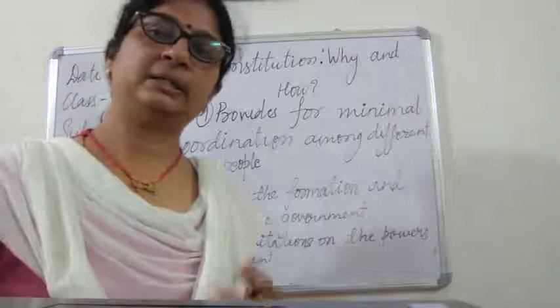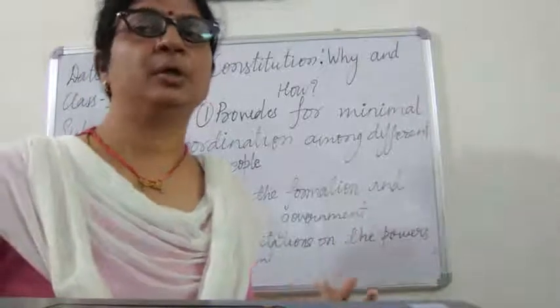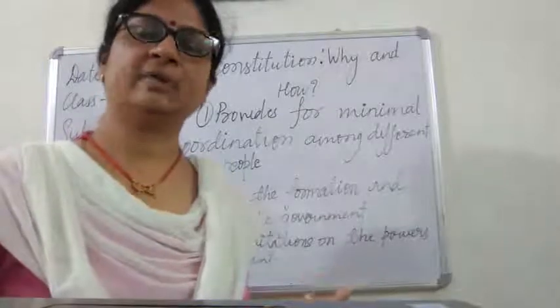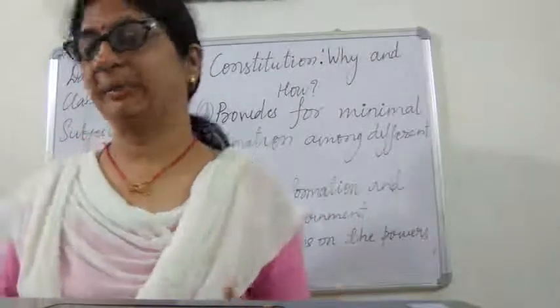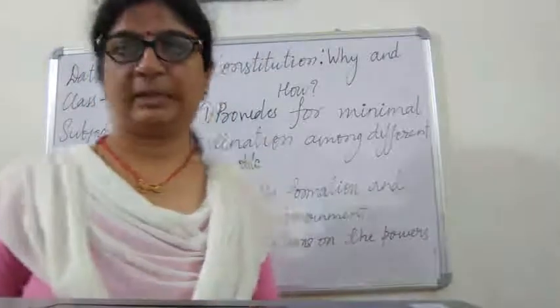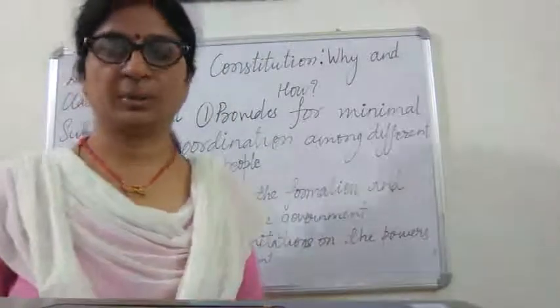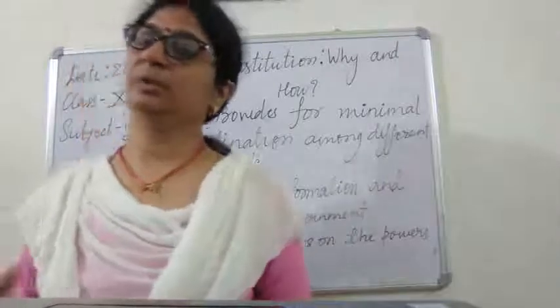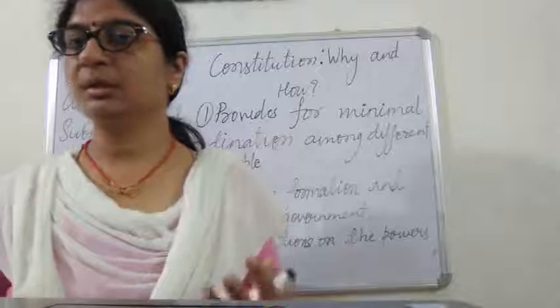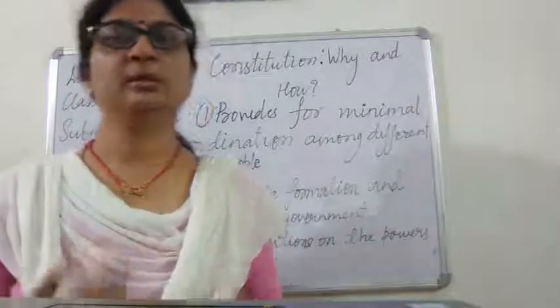Now the society wants that there should not be any kind of racial discrimination. And that is why this has been given an important place in the constitution, that we strive for equality. Equality is one of the most important goals of the constitution, because it is also the goal of the society.